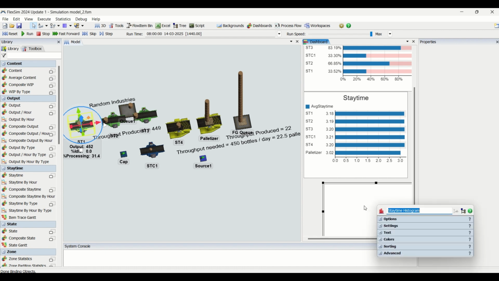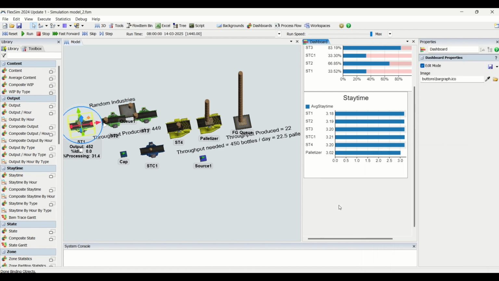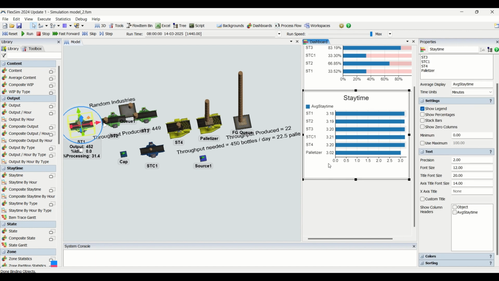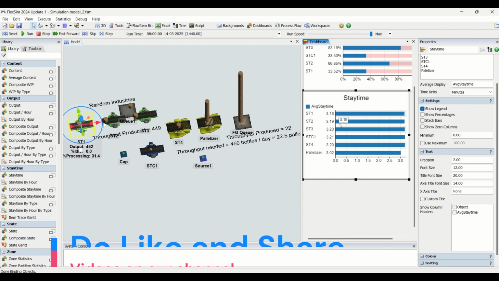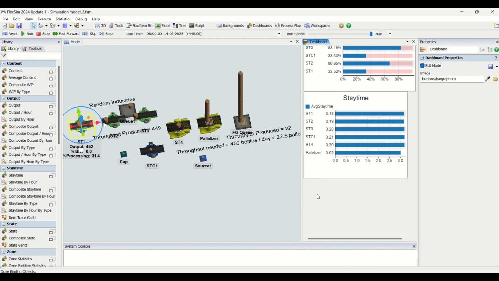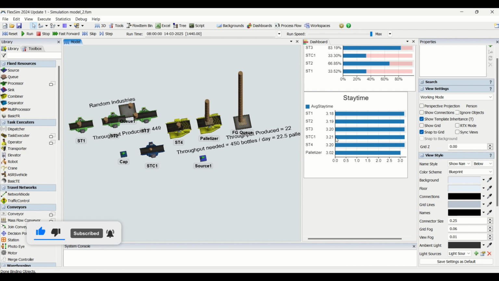Here we are having the same thing. Basically you can see the average stay time spent by the item at each of these stations. We get an idea that STC1 has the highest time, then ST3, then ST4.